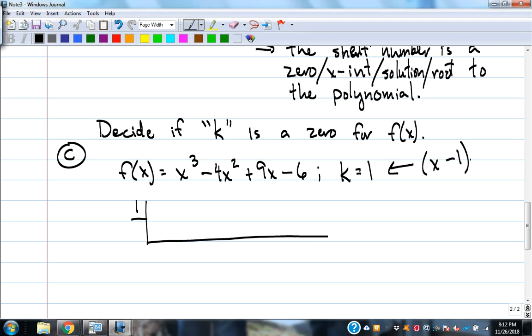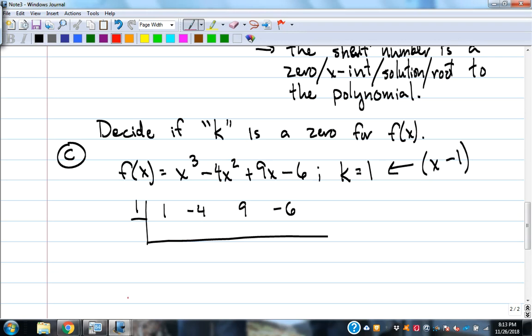That's where that came from. That shelf number of a 1, the k value they're giving us, it came from this x minus 1 that we're dividing by. That's really where it's coming from. Okay. Now, what goes on the top row on the inside there? 1, -4, 9, -6. All right.